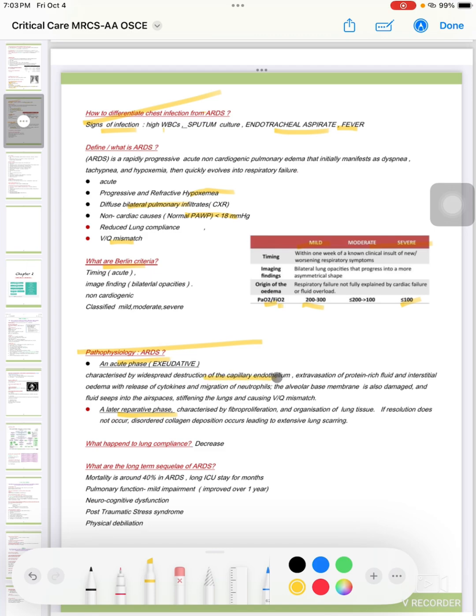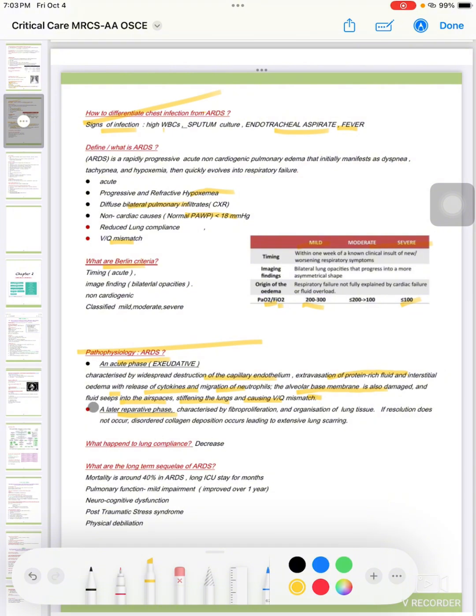As a result, extravasation of protein-rich fluid and interstitial edema occurs, with release of cytokines and migration of neutrophils. Then the alveolar basement membrane is also damaged and fluid shifts into the airspace. The stiffening of the lungs occurs, causing the ventilation perfusion ratio mismatch.